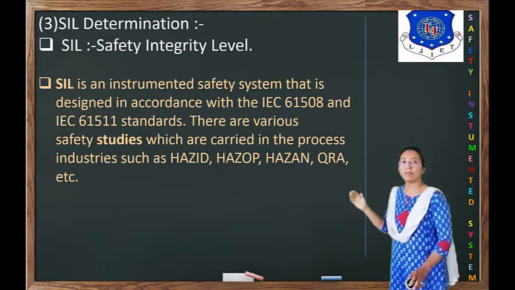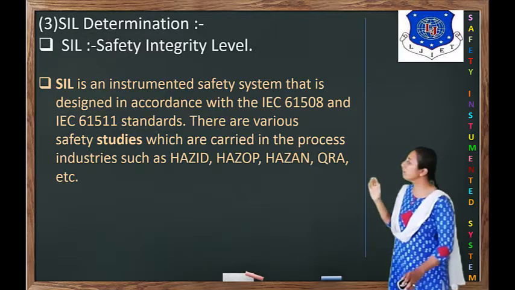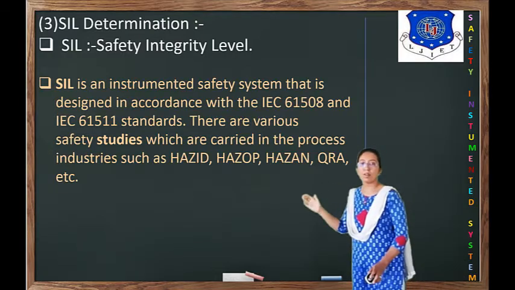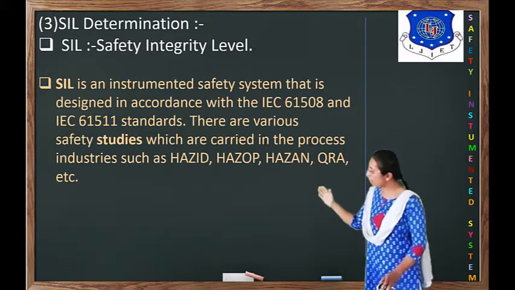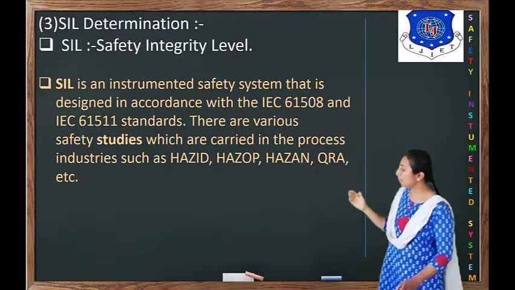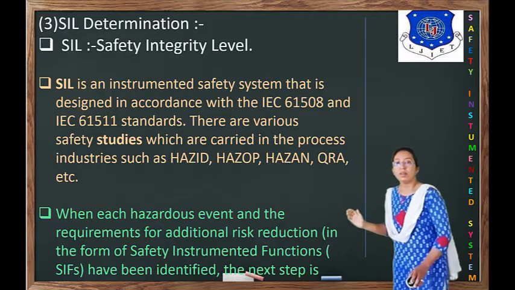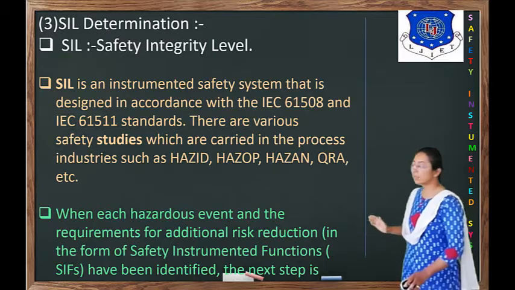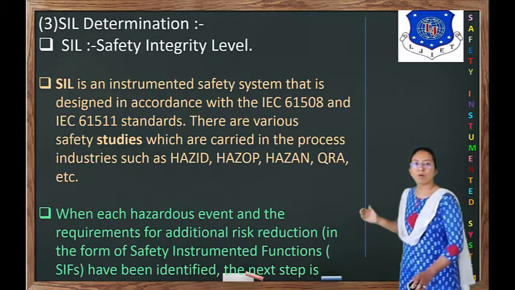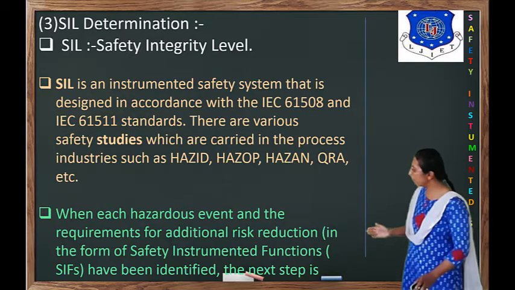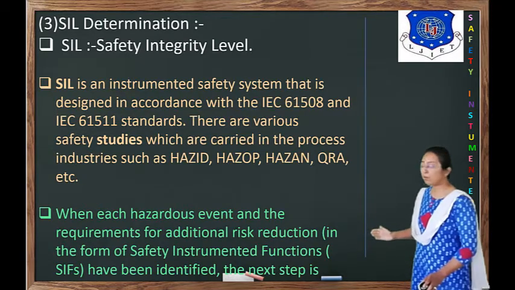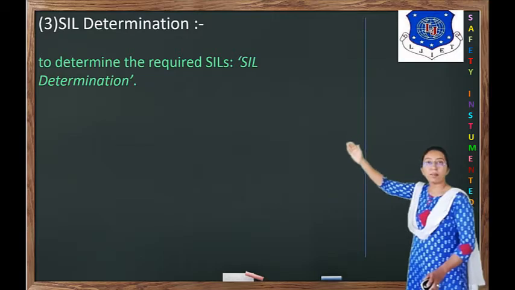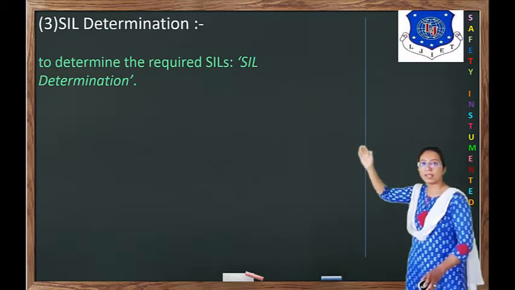There are various safety studies carried out in process industries, such as hazard identification, hazard operability, hazard analysis and QRA, etc. When each hazard event and the requirements for additional risk reduction in the form of safety instrumented functions, SIF, have been identified, the next step is to determine the required SIS, that is, SIL determination.